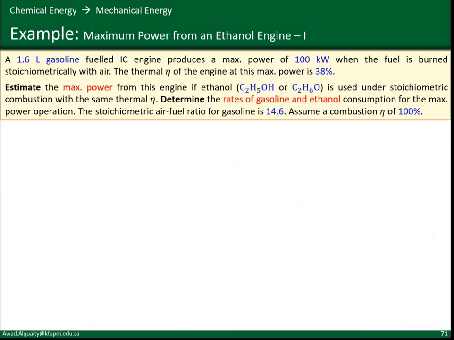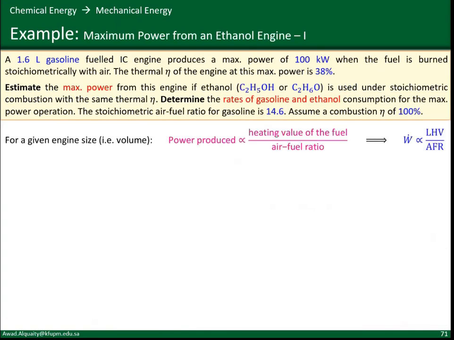Now in this problem, we're dealing with an ethanol engine. It's a very specific problem, and it may or may not represent what will happen in reality. Here we are looking at a very simple 1.6 liter gasoline internal combustion engine, producing a maximum power of 100 kilowatts when fuel is burned stoichiometrically with air.